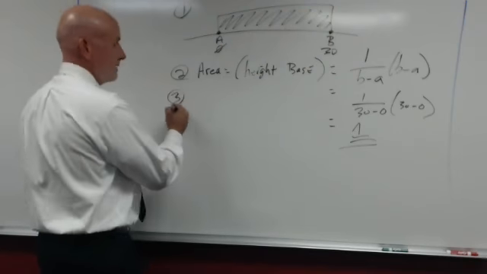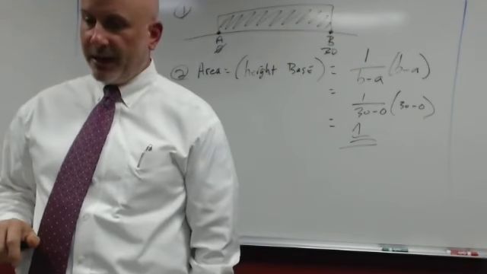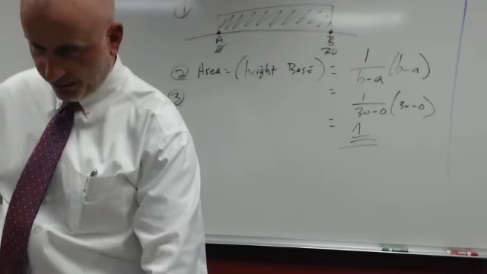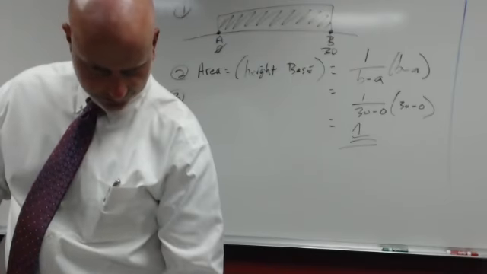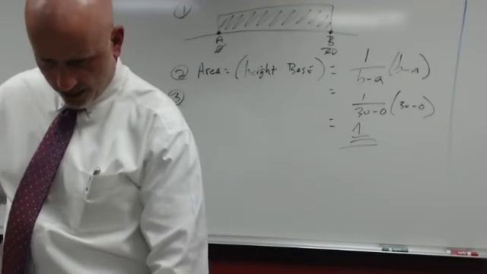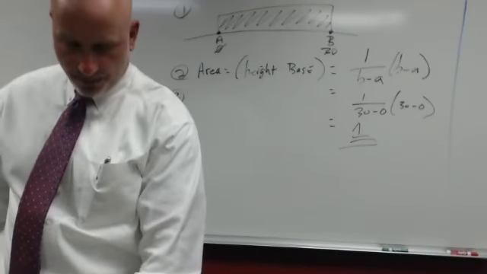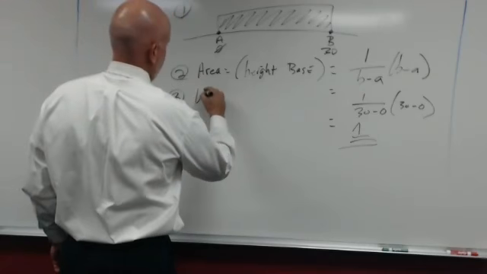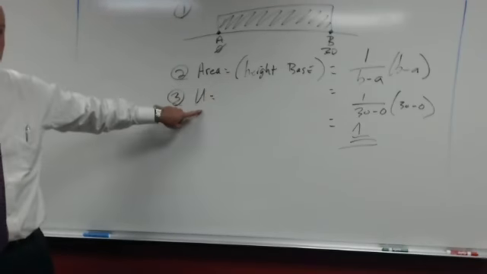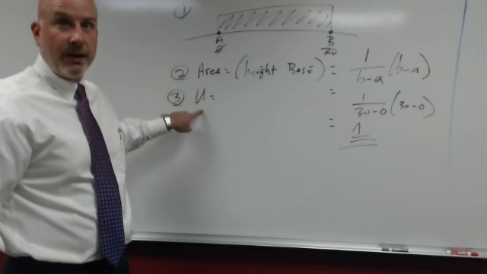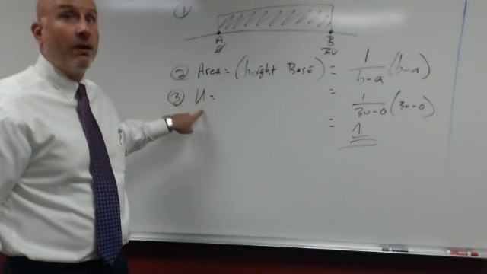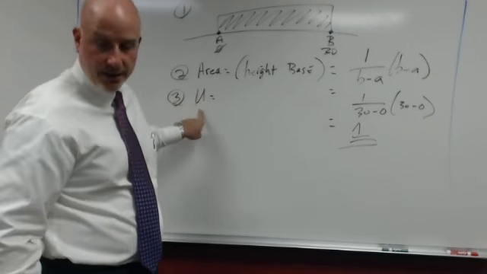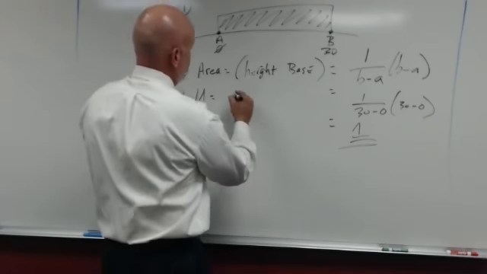In 3, how long will a student typically have to wait for a bus? In other words, what's the mean waiting time? All right, if you look back on page 207 at the bottom, you are given the mean of a uniform distribution. What's the symbol here? Mu. The mean of the population.